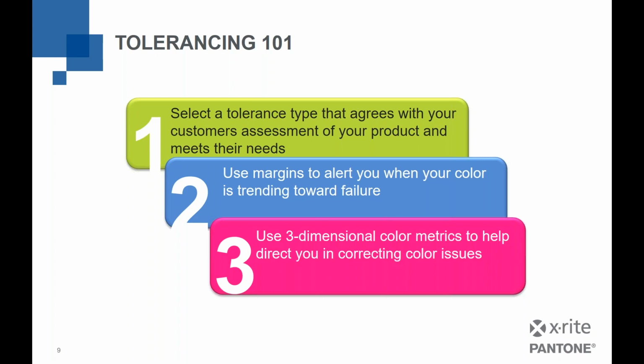Because just putting a tolerance in place doesn't suddenly make your color better, right? Putting a tolerance in place just starts to identify and notify you when you have color issues. And then what you do next is really key, right? What do I go fix when my color is wrong?